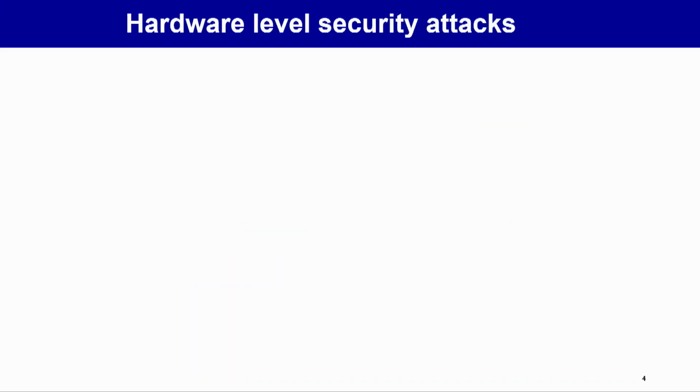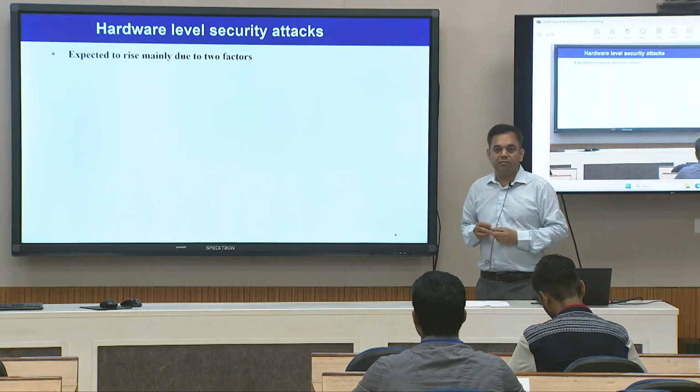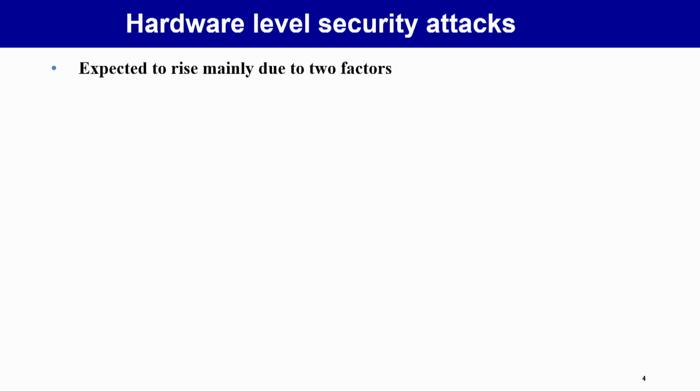The left branch can also be called hardware level security attacks. You see, we are using some hardware properties, not really direct information. That is why some people categorize this as hardware level security attacks. These are expected to rise in future, mainly due to 2 factors.